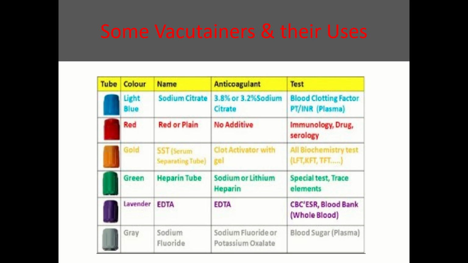Then the serum is sent separately for serum bilirubin levels, for certain enzymes, T3, T4, TSH, iron profile like serum ferritin, and electrolytes: sodium, potassium, chloride, bicarbonate, calcium, urea, and uric acid. These are the electrolytes. So sometimes we have to send the whole blood, sometimes you have to send plasma, sometimes you have to send the serum.